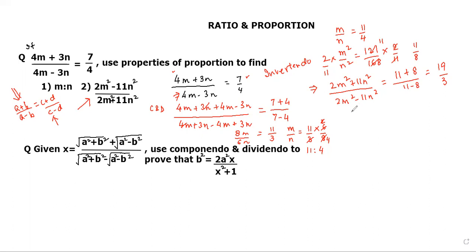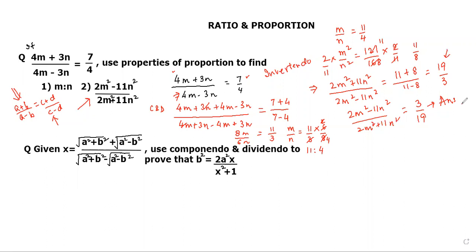Invertendo simply means reverse this. So (2m square minus 11n square) upon (2m square plus 11n square), and we will have to reverse on the right hand side. So this becomes 3 upon 19. And this is the final answer.